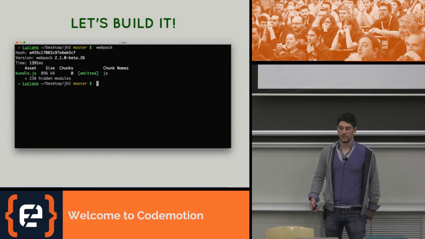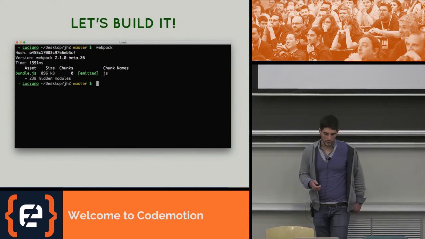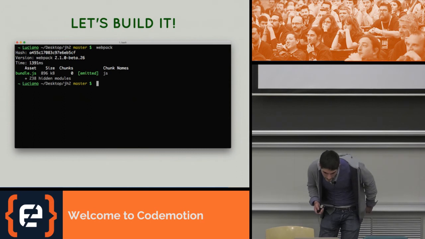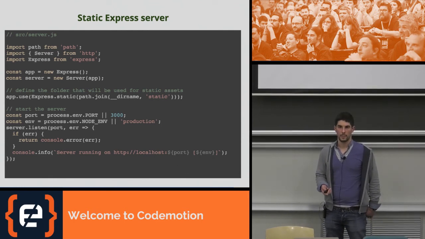Okay, so let's build this JavaScript bundle. We just need to invoke Webpack, and after some seconds, you will see that it outputs a JavaScript file called, is it there somewhere? Yeah, bundle.js.